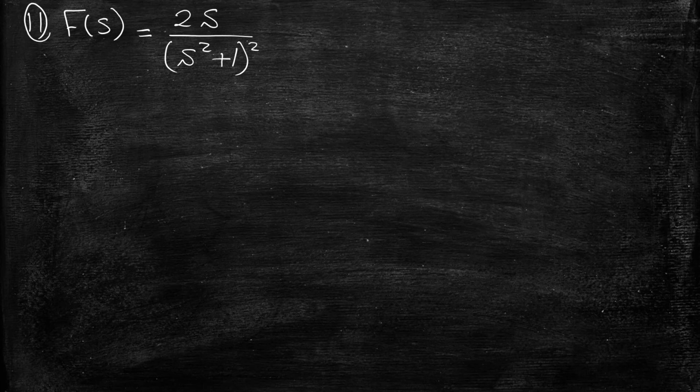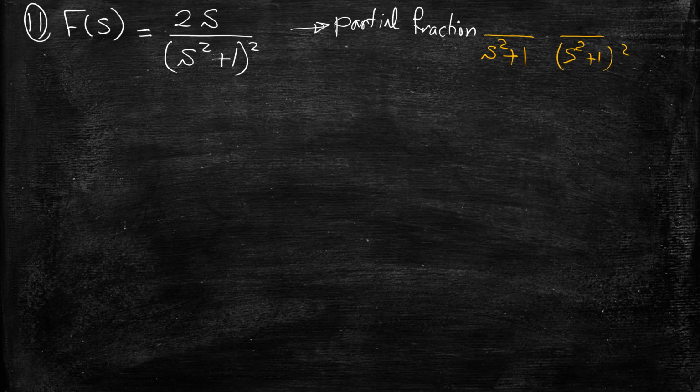Some of these we can solve using partial fraction, one method, which would end up with something over s squared plus 1 and another term, s squared plus 1 all squared, which again returns us back to this term. How can I solve this term? So partial fraction here is not useful. What else? There is nothing else.